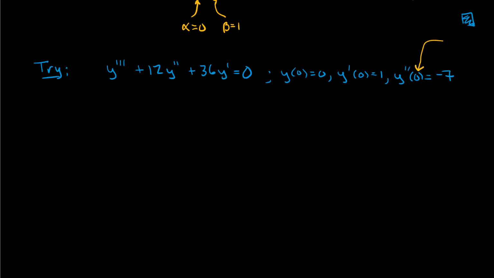Then we're going to need to compute the second derivative, setting x equal to 0 and y equal to negative 7. And that's going to give you a system of equations that you're going to need to solve by row reduction or the Gauss-Jordan method.